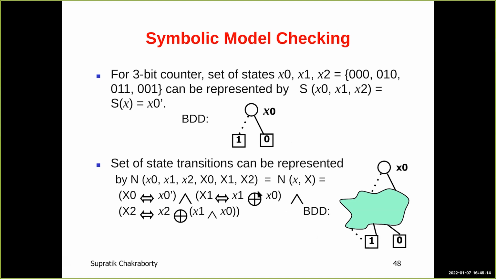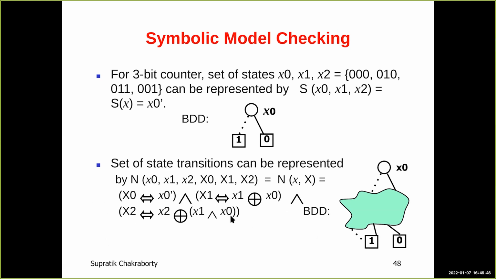So I'm writing out a relation between the present state variables and the next state variables, and any valuation of the present and next state variables which satisfies this relation represents a state transition from the state represented by the values of the lowercase letters to the state represented by the values of the uppercase letters, right? So this is a formula on these 6 variables, and any satisfying assignment of this formula gives you values of these 6 variables.